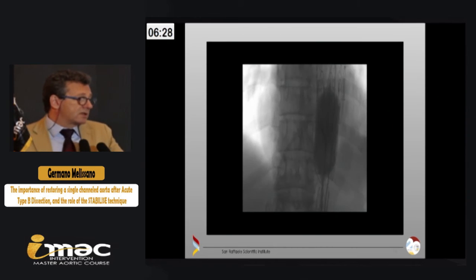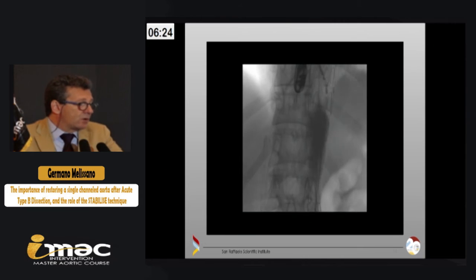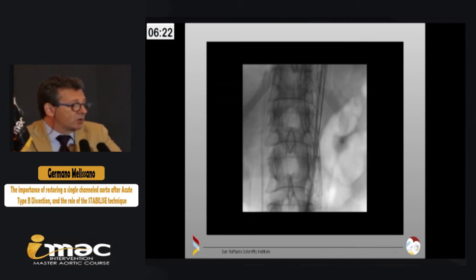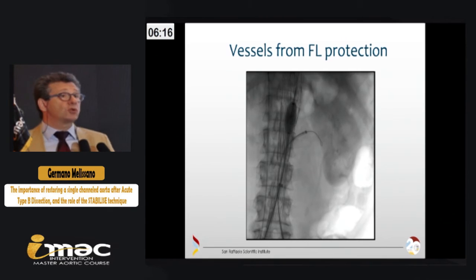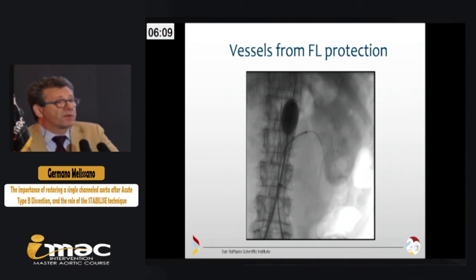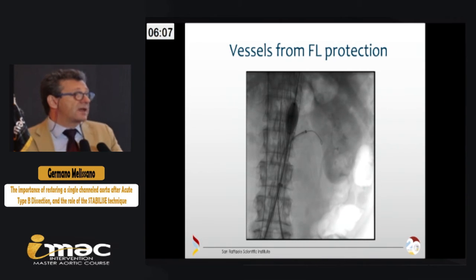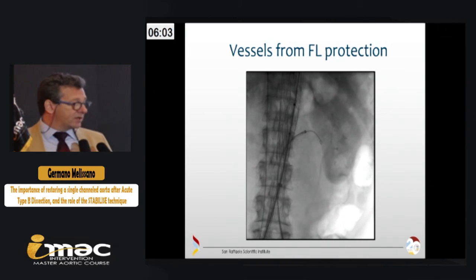Then we use this coda balloon where the cover stent is, and then we use this valvuloplasty balloon in the more distal portion where the bare stents are placed. And it should be pointed out that when we have important branches coming from the false lumen, in this particular case the left renal artery, we want to protect these branches.